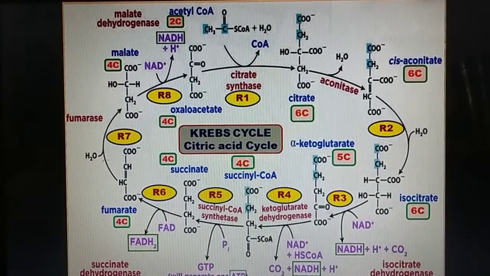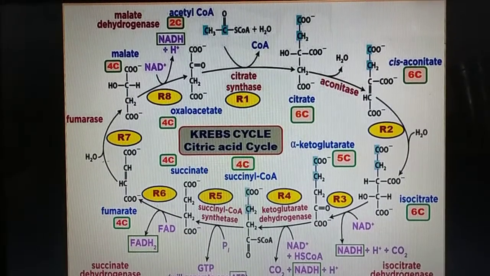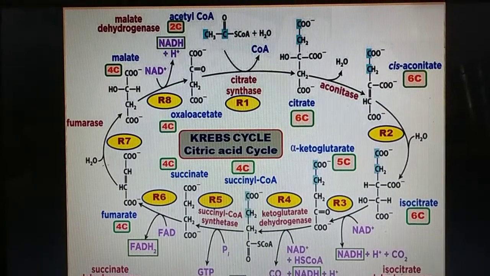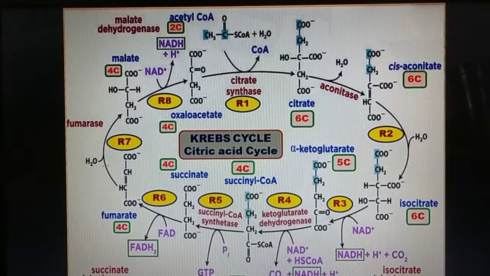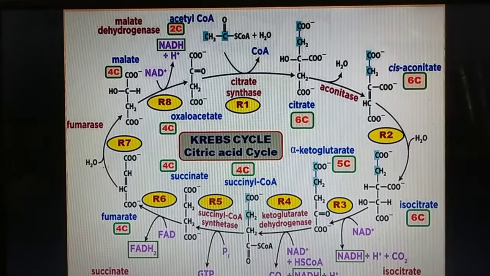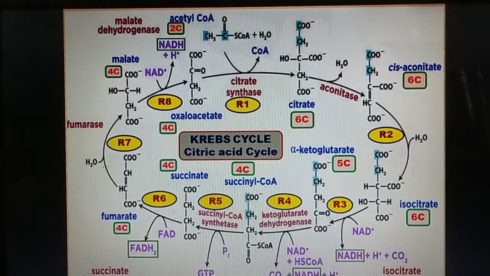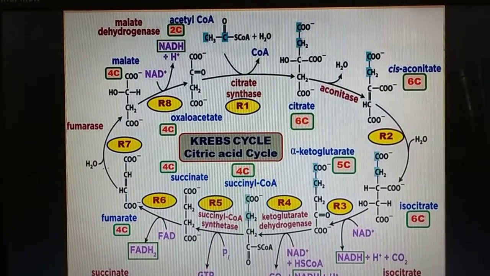The intermediate compounds of the Krebs cycle are the 6 carbon compounds citric acid and isocitric acid, the 5 carbon compound alpha ketoglutaric acid, and the 4 carbon compounds succinyl coenzyme A, succinic acid, fumaric acid, malic acid, and oxaloacetic acid.